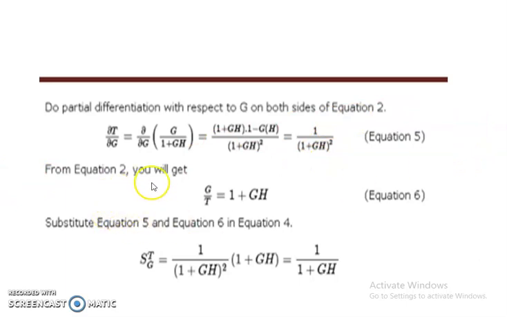From equation number 2 we get G/T = 1+GH.